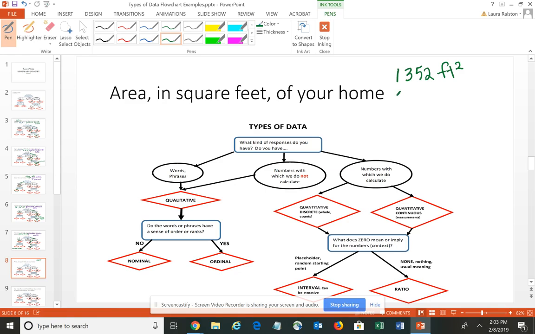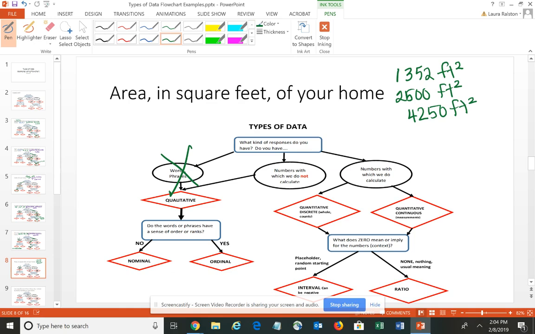It might be 2,500 square feet. If you got somebody who's really well off, it might be more like 4,250 square feet. So you're getting numbers, so that rules out words or phrases.